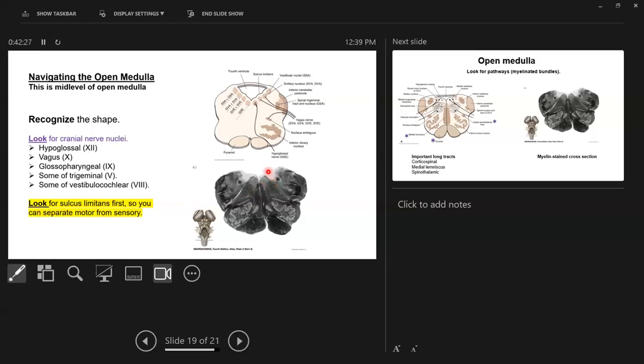The sulcus limitans corresponding to the division between the medially located motor cell groups, the hypoglossal and vagal motor nuclei, and then the visceromotor, and then the viscerosensory, as well as the other sensory cell groups more laterally, lateral to sulcus limitans.